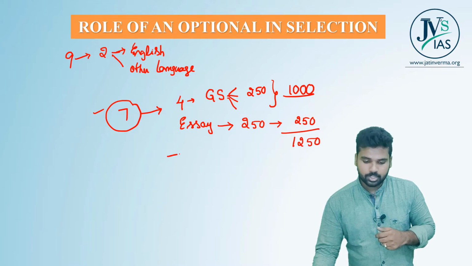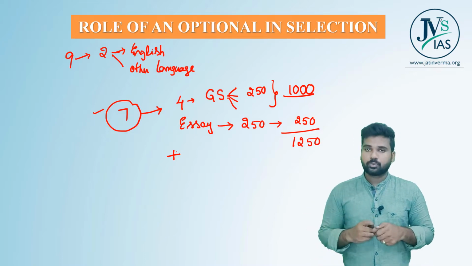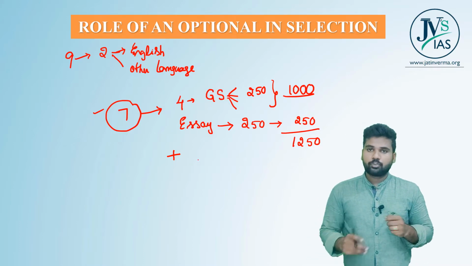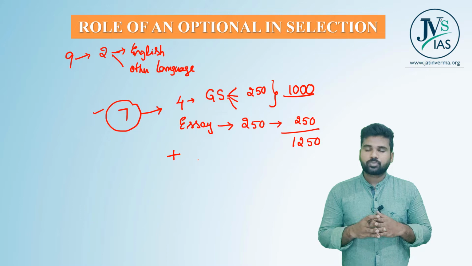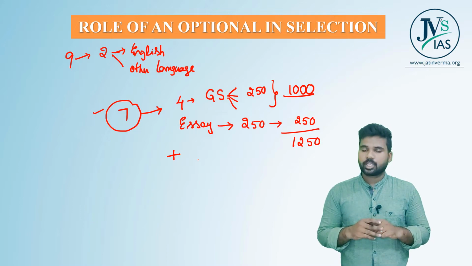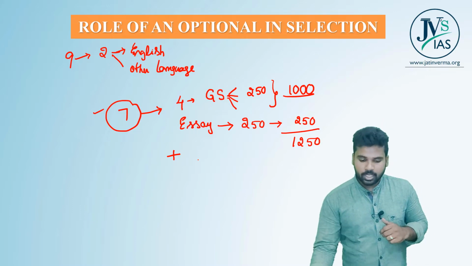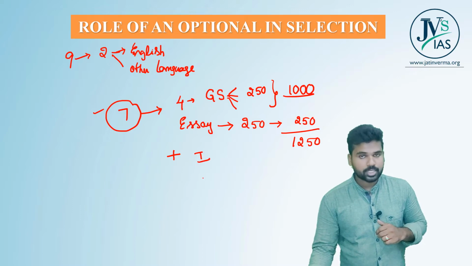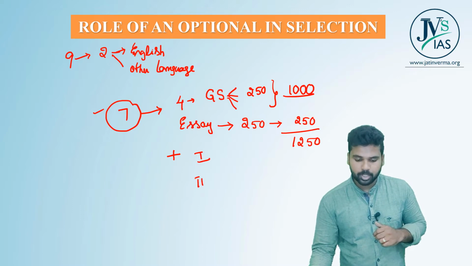Now comes the subject matter of this video, the optional subject. In UPSC, from 2013 onwards, there is one optional subject which we have to choose, and this optional subject has 2 papers: optional paper 1 and optional paper 2.